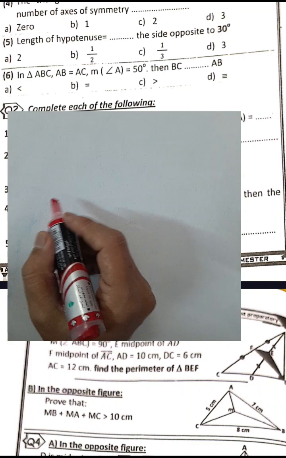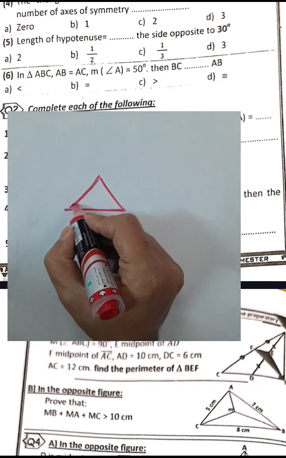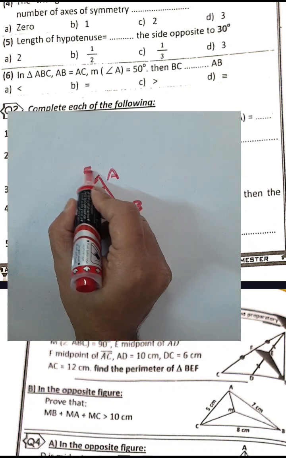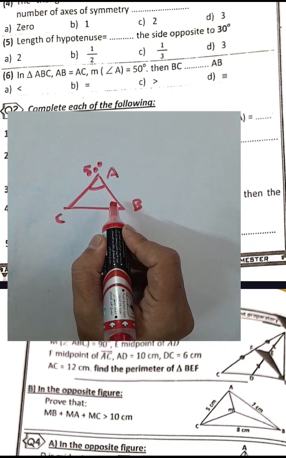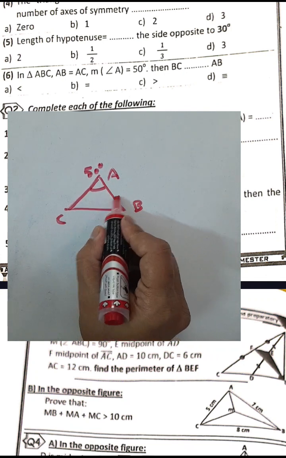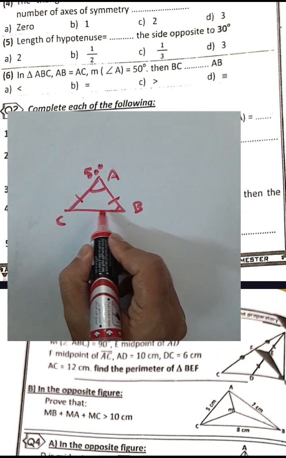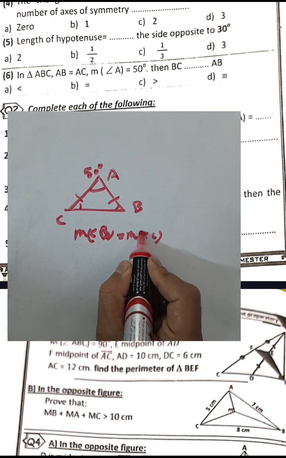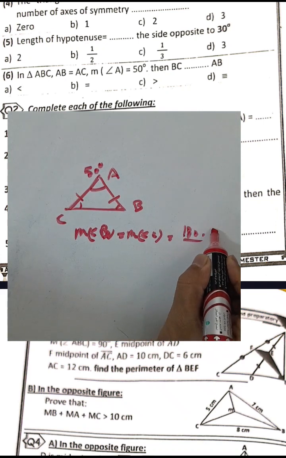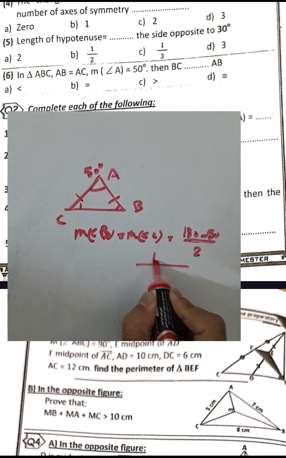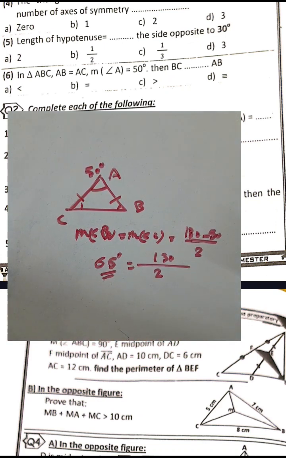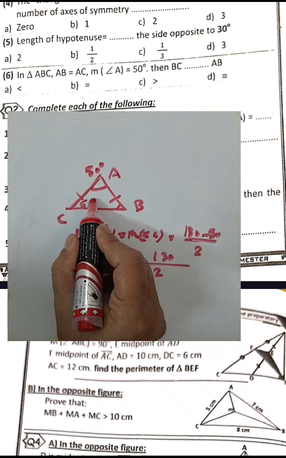Question number 6. In triangle ABC, we have the measure of angle A is 50 degrees and AB equals AC. You can find the measure of angle B equal to the measure of angle C. 180 minus 50 divided by 2, it will be 130 divided by 2 equals 65. So it will be 65 and 65 here.